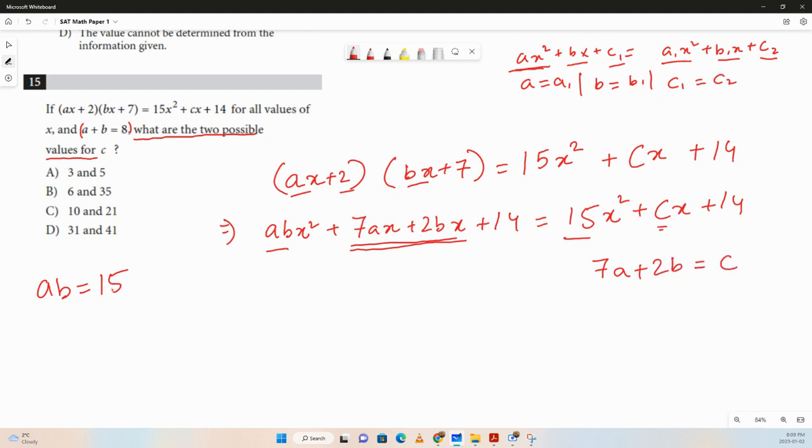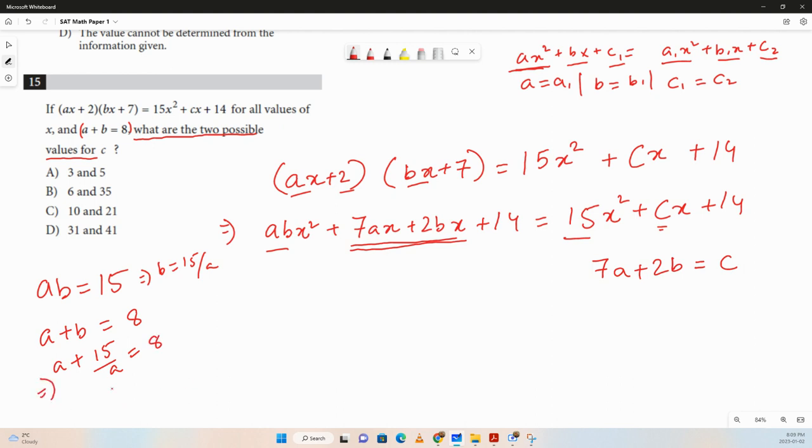So here we found ab equals 15, and we are also given a plus b equals 8. Let's substitute b in terms of a. So b equals 15 over a. Substituting b, a plus 15 over a equals 8.